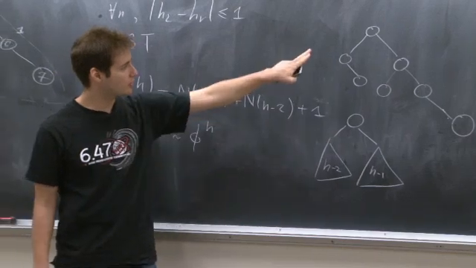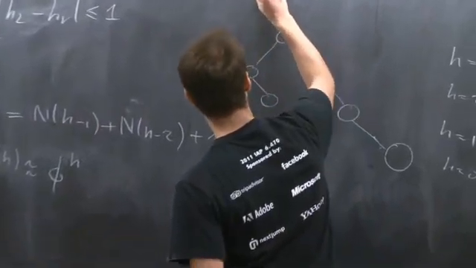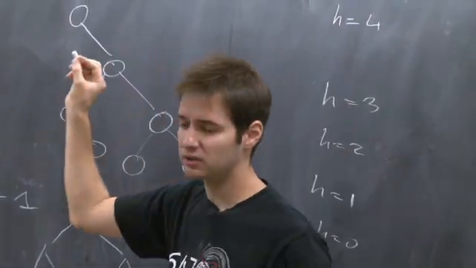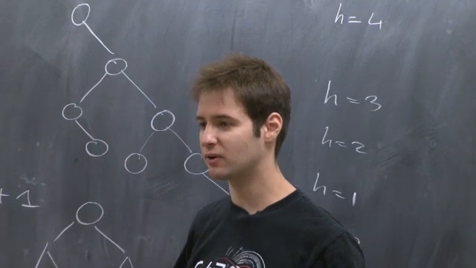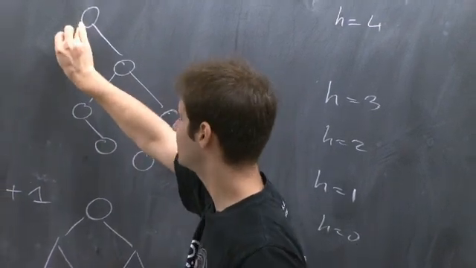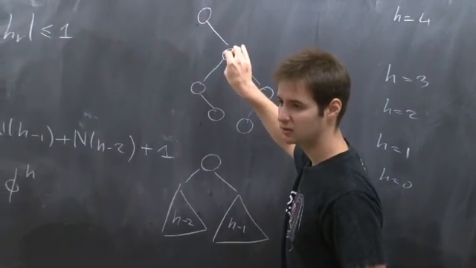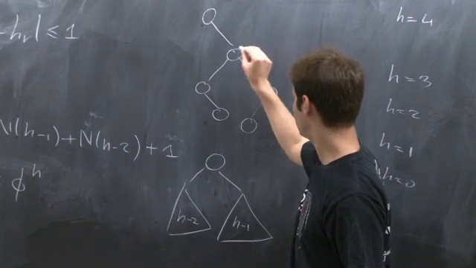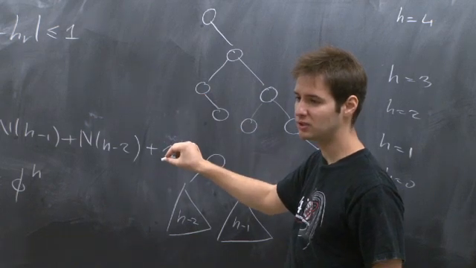Okay, so suppose I'm at height 4 here. What's the best way to construct an AVL tree that has as few nodes as possible but height 4? If this guy has to be at height 4, then it has to have a child at height 3. At least one child, otherwise it's not going to be height 4. Now, I need to build something here that has height 3. What should I build?